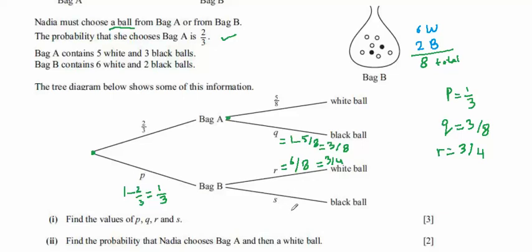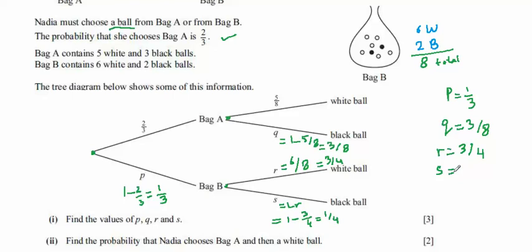And then S, because from this branch two branches are coming out, S will be equal to 1 minus R. So this will be 1 minus 3 over 4, which is equal to 1 over 4.